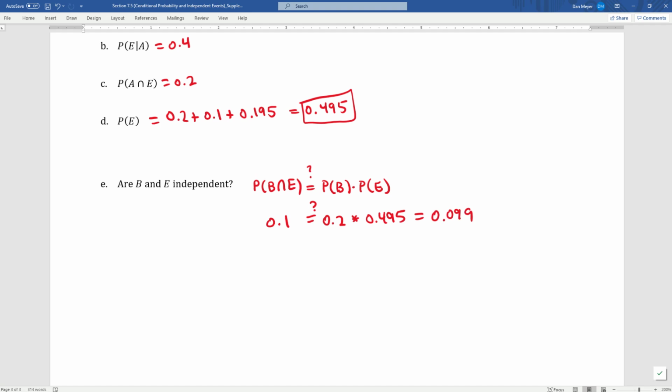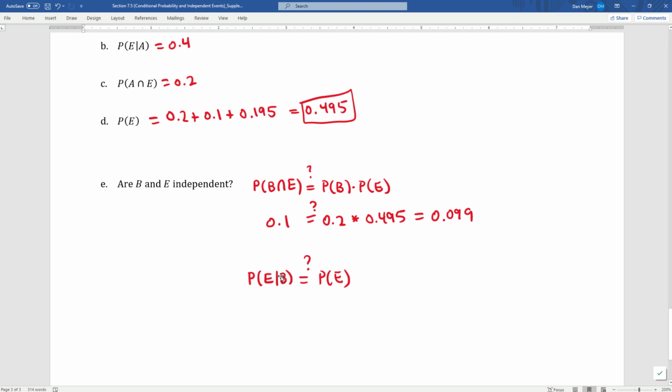Another way to answer this question, so we used our check here. Another way to answer the question is: is the probability of E given B the same as the probability of E? That's kind of our definition.